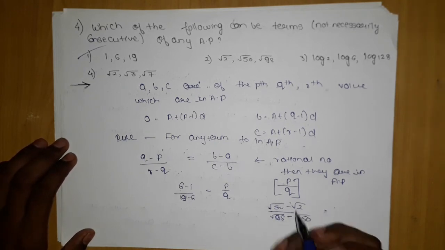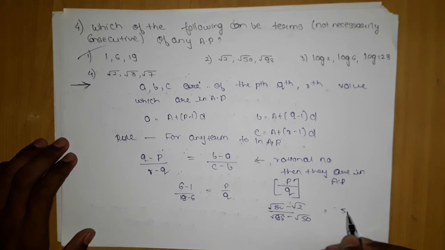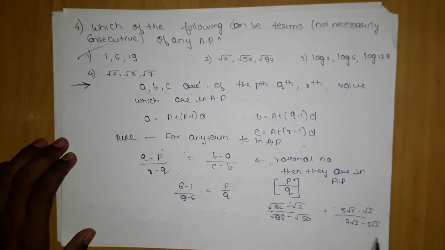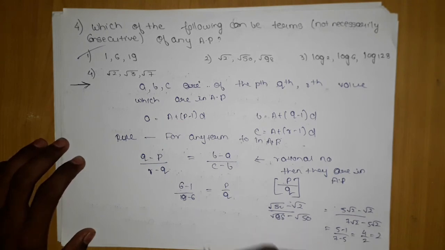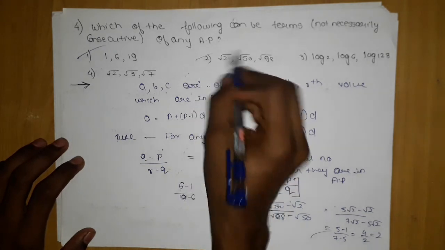If I take the number, I will be left with 5 under root 2 minus under root 2 upon 7 under root 2 minus 5 under root 2. So it will be rational, because under root 2 cancels, 5 minus 1 upon 7 minus 5, which will give me 4 by 2, which is 2. Okay, so this is rational.